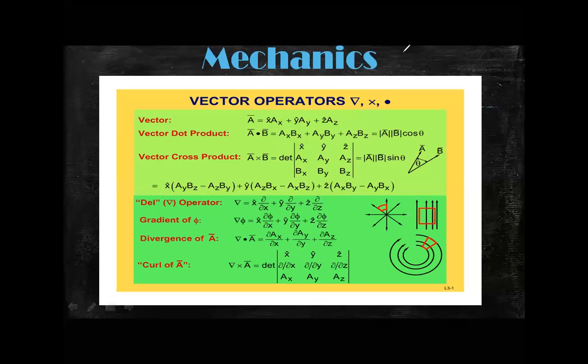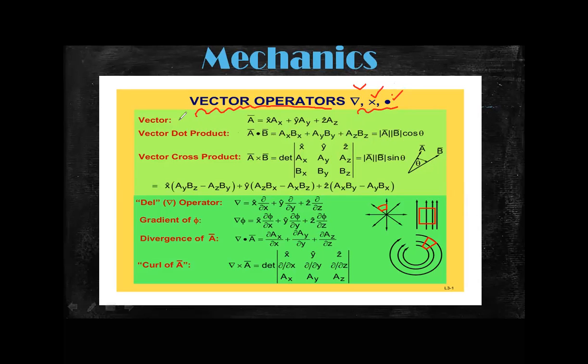I have to use the digital pad to write on the slide, so that it is in activity mode. So these are actually the vector operators. What are the vector operators? We have del. It's like a delta, but it's a del. We also have the cross product and dot product. So we use these three, very important.